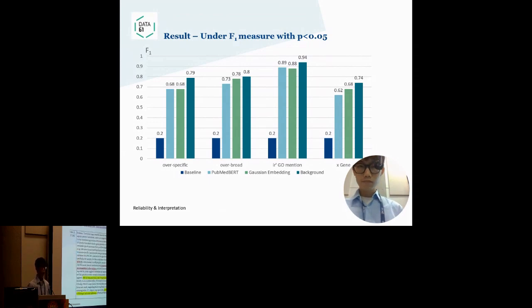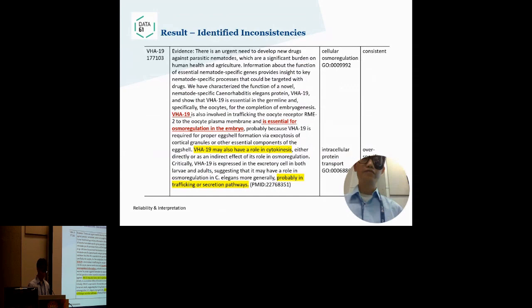And to gain a more comprehensive understanding of the predictions and the performance, we also conducted manual examination of the flagged suspicious instances. And here is an example. The red text provides the direct evidence to support the annotation of the first GO term, which is cellular osmoregulation.